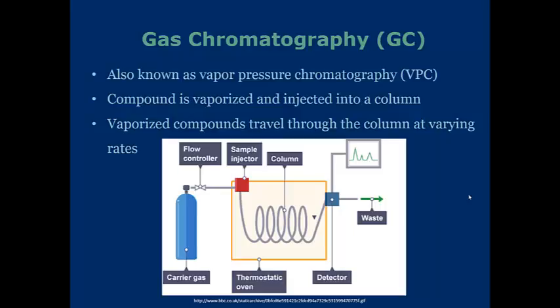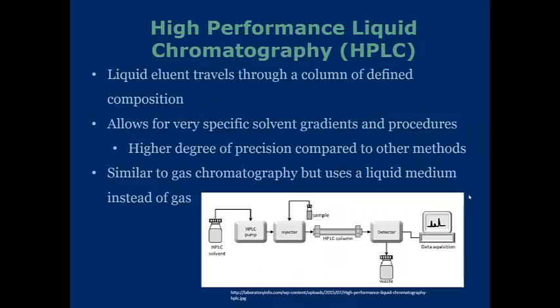As you would guess, the column has a very specific composition, and how quickly or how slowly the vapor gets through this column is going to be determined largely based on the compound. The speed at which these come out of the column is then measured via a computer, and the waste is just discarded.